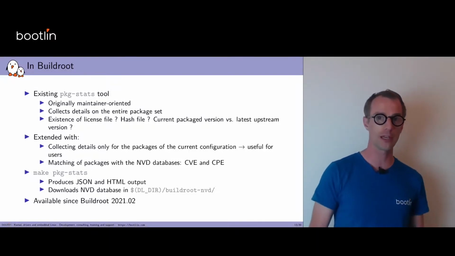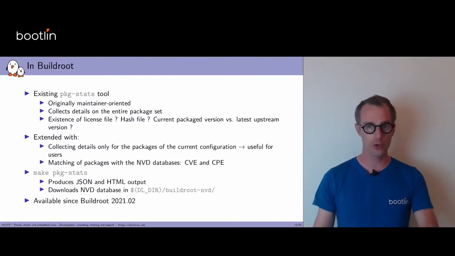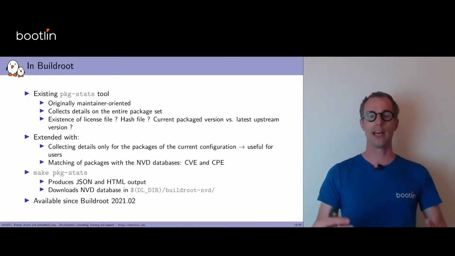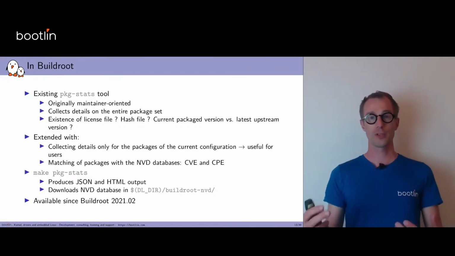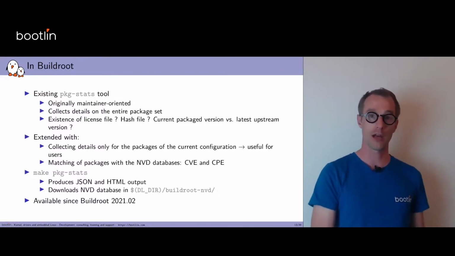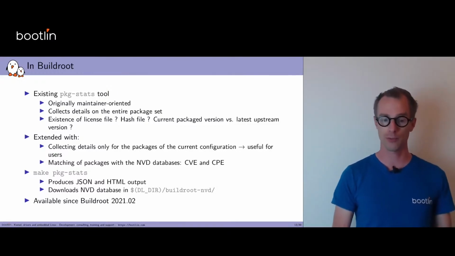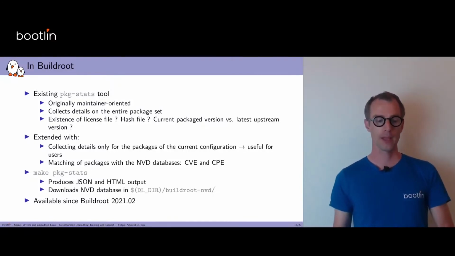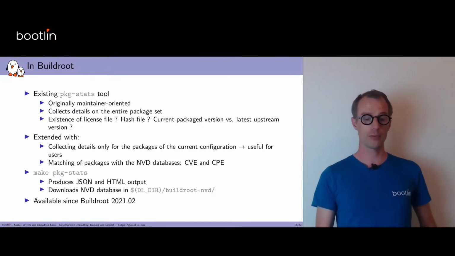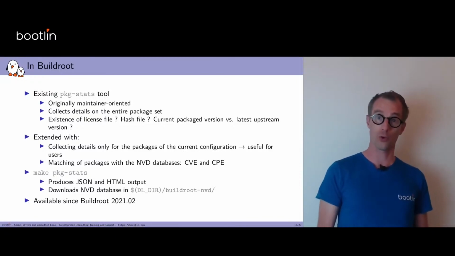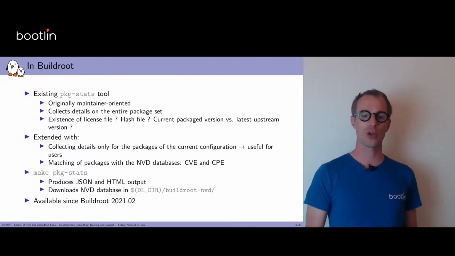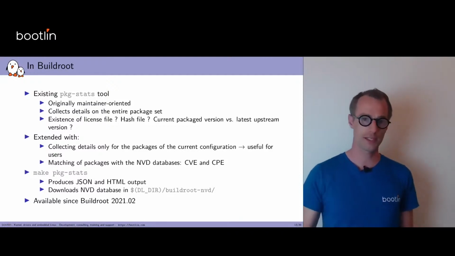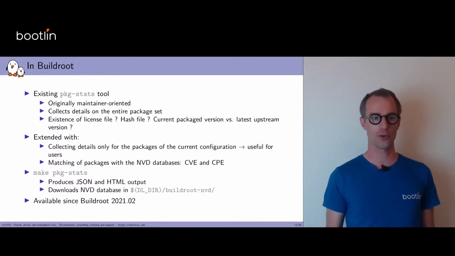It will download the NVD databases, match your packages against the database, and produce some results. Those results are available as JSON output for nice and easy parsing by your own custom tooling, or also as a nice HTML page. This tooling is available since Buildroot 2021.02, so it's been relatively freshly introduced, and we hope to extend it further in the future.